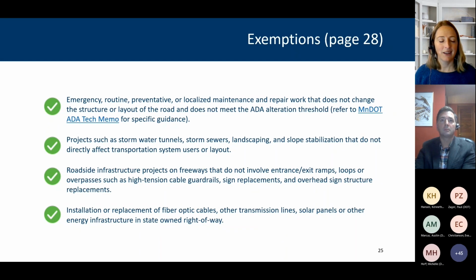So things like installing signs, cable guard replacements, those types of things you don't have to report on in the Complete Streets report form. And then last, things happening in our right of way, like replacements to fiber optic cables, transmission lines, solar panels, as long as they're not altering the layout and how transportation system users interact, they're exempt from the reporting process.